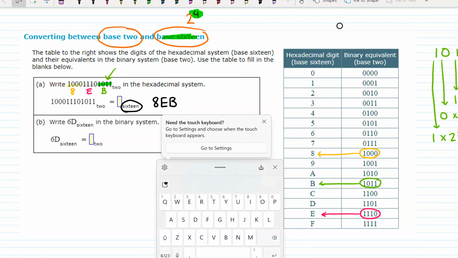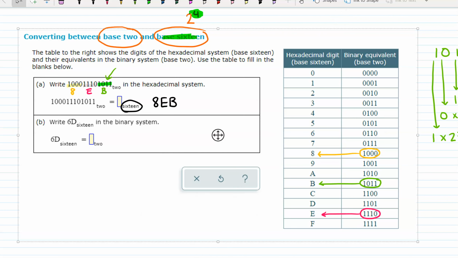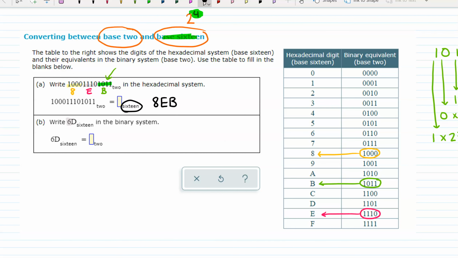Okay, so let's try another one. 6D in base 16, we want to change it to base 2. So 6, well, let's start from the right because that's how we've been doing all the other ones. So we'll start from the right. D is 1101. So I'm going to put 1101.